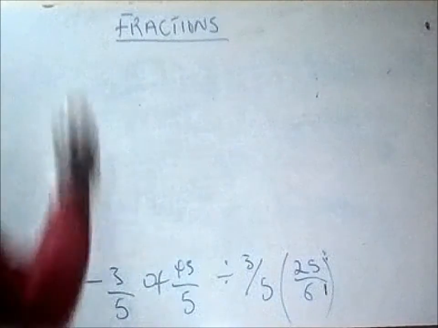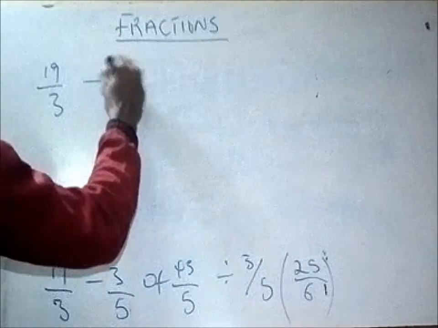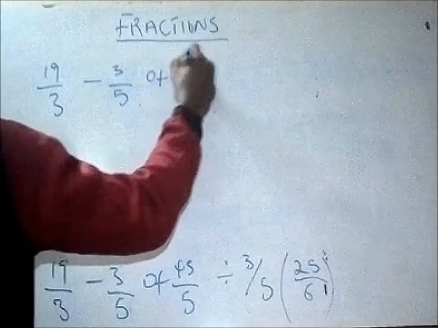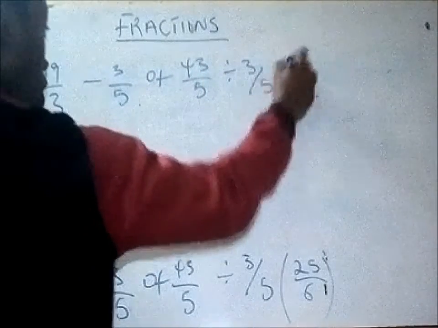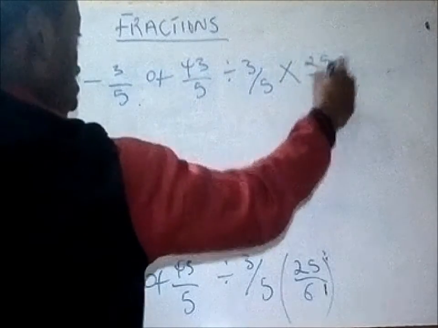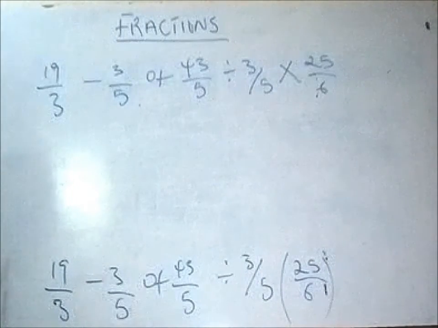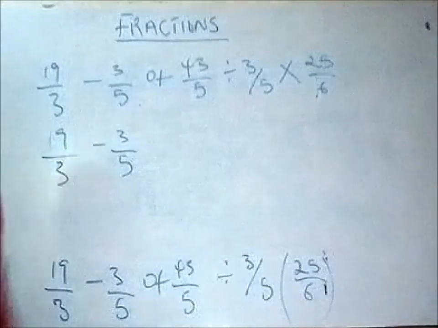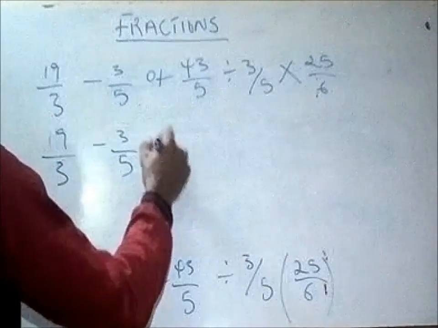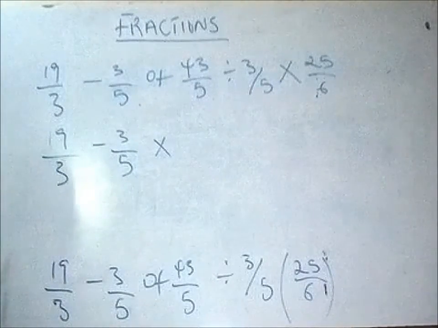So if I bring this up, we have 19/3 here minus 3/5 of 43/5 divided by 3/5 times 25/6. So if you notice, if we open the bracket here, it becomes multiplication. The next, we apply the 'of' here, everything becomes multiplication. So sometimes 'of' becomes multiplication.